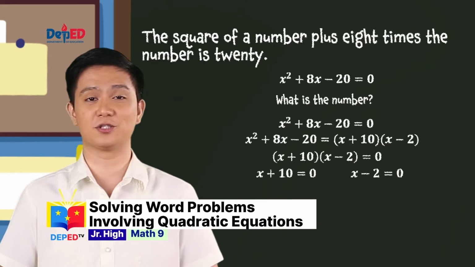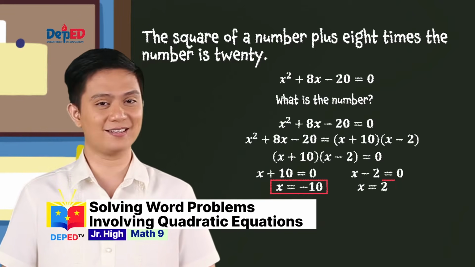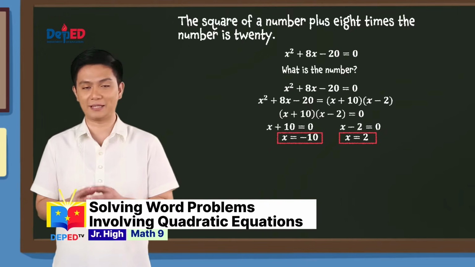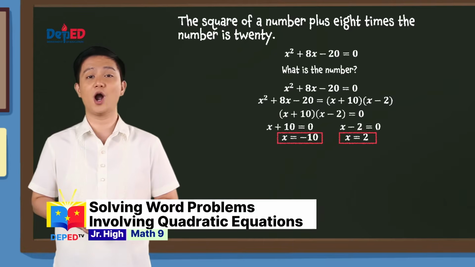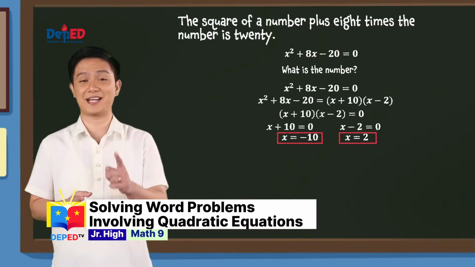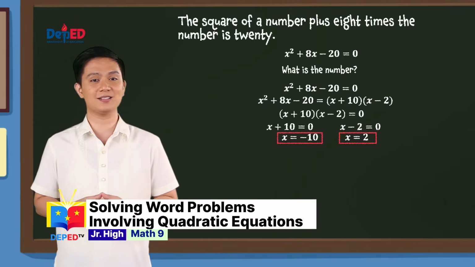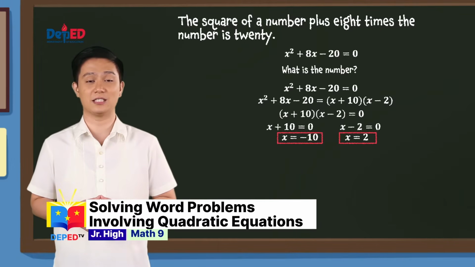Equating each factor to 0, we must arrive at these values of x, negative 10 and 2. And since there are no indicated or implied restrictions for the value of x, both negative 10 and 2 are the answers to the question. Any doubt? Let's check by substituting these values of x in the equation x squared plus 8x minus 20 equals 0.